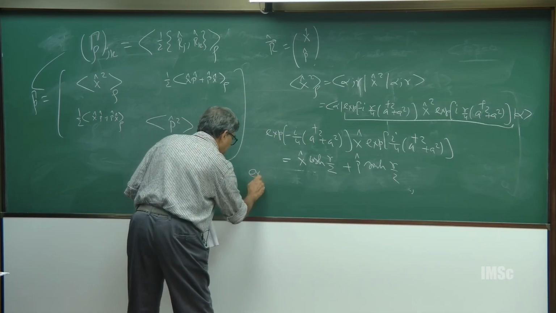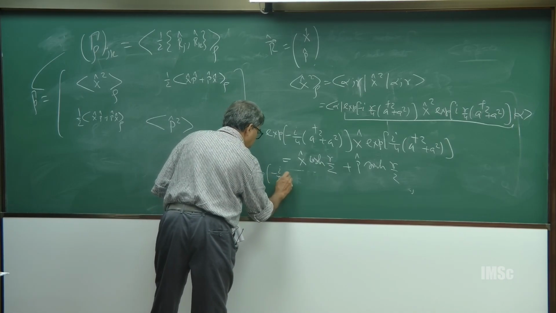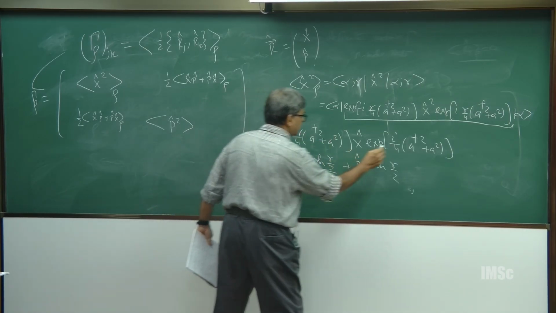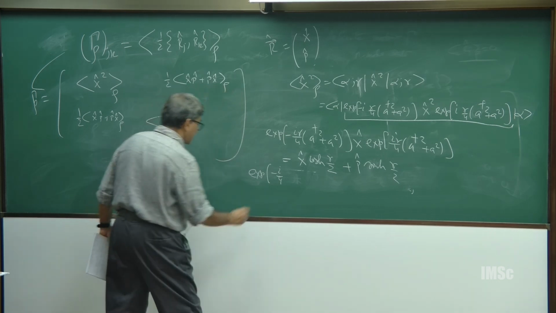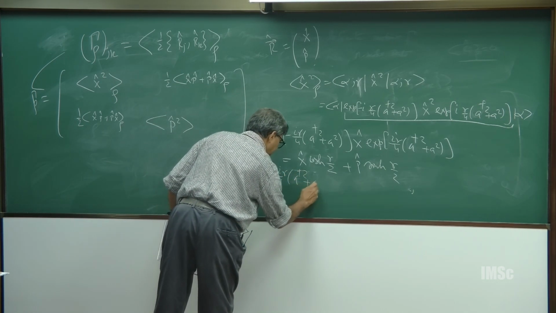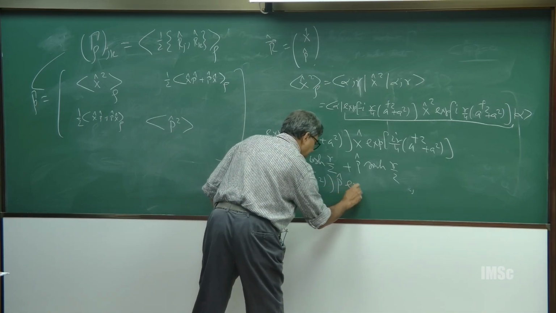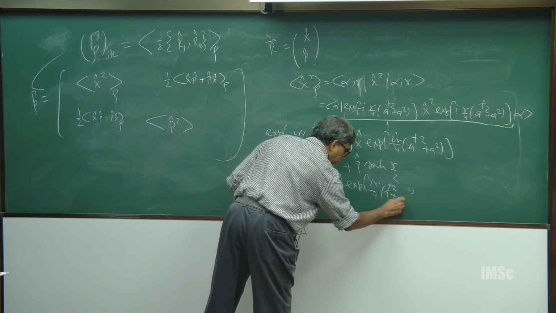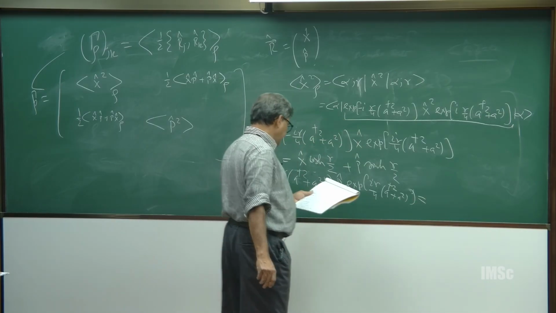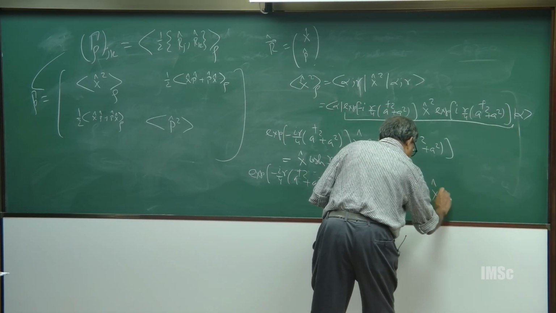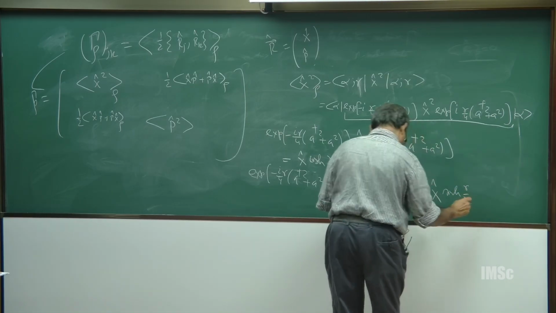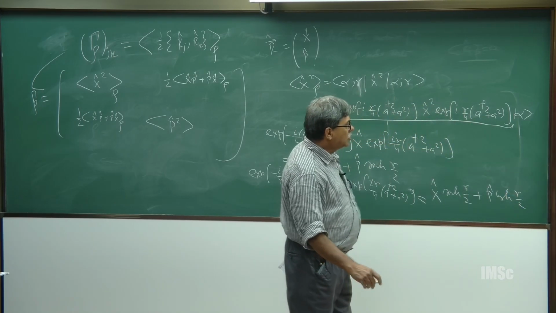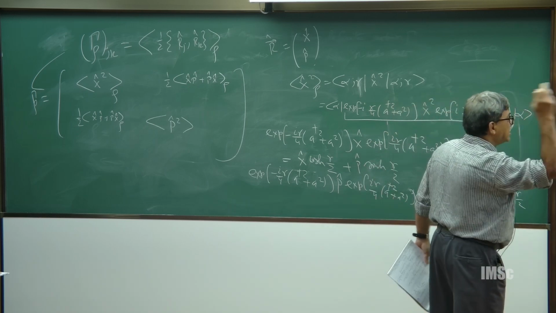Similarly, if you do this with p, where r should be there, otherwise it does not make sense, you get x sinh(r/2) plus p cosh(r/2), which is this transformation that I have written somewhere else.